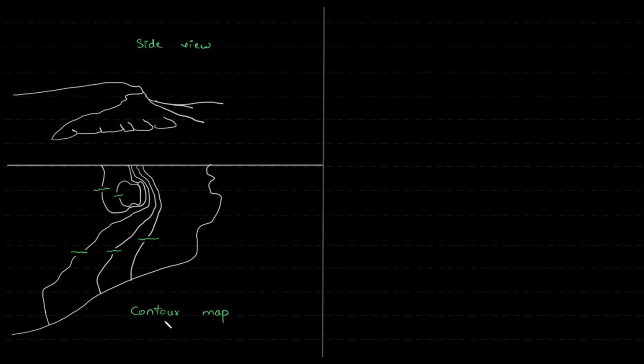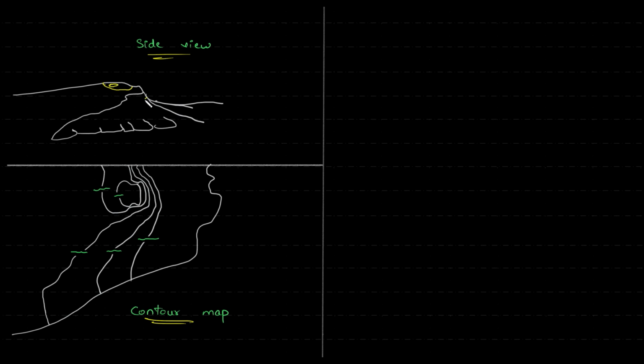So we need to understand something called contour mapping from, say, a normal photo. What does it mean? See, we are looking at a hill or a mountain, whatever you guys want to think of it as. If I pick any point, we'll have a certain set of points which are at the same height. Say here, there are certain points physically on the mountain that are at the same height.